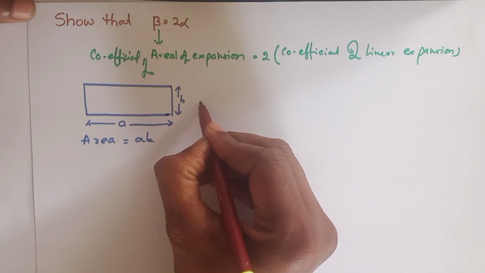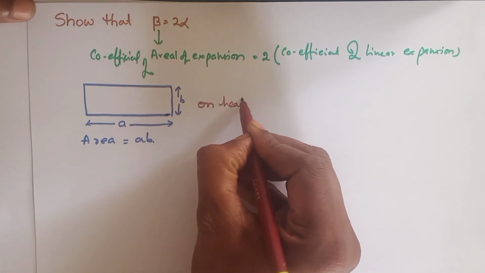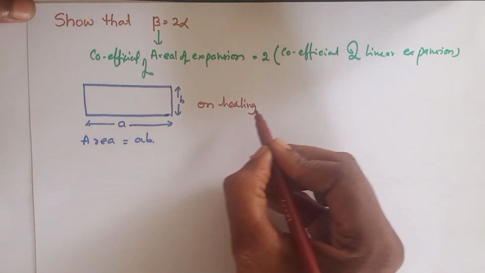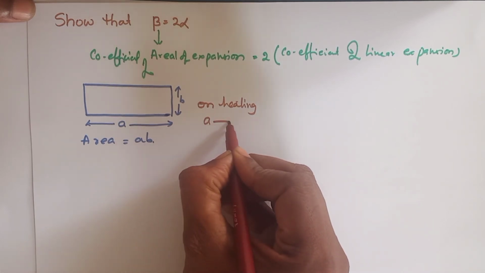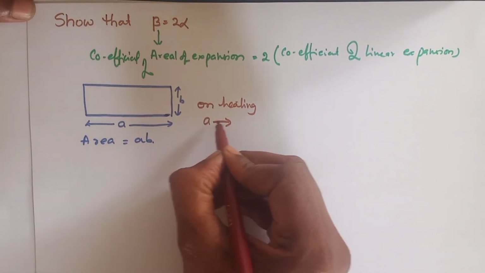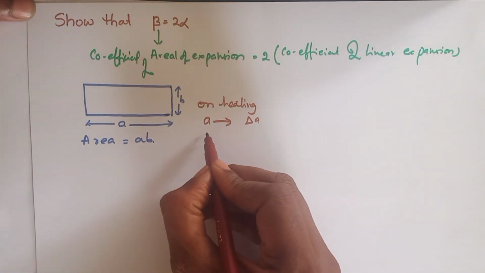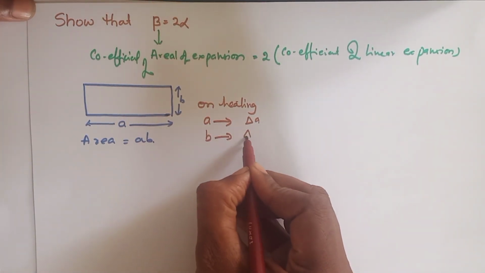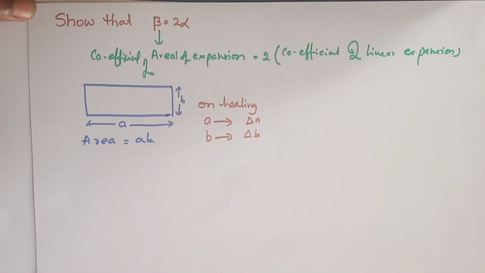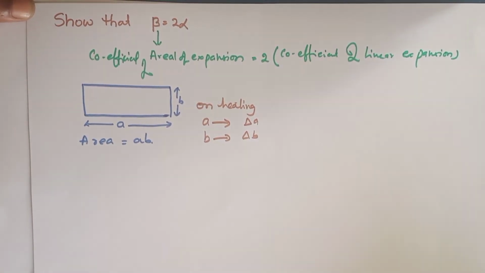On heating, length is increasing, like A can be increasing, then delta A is the change in length, and B is the breadth, delta B is the change in breadth. So how can it be calculated? Let's see.